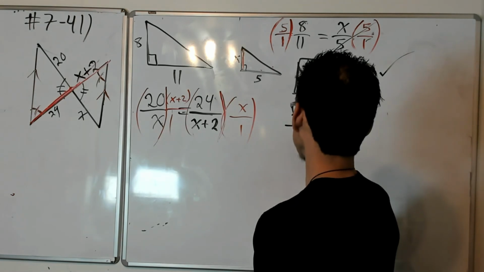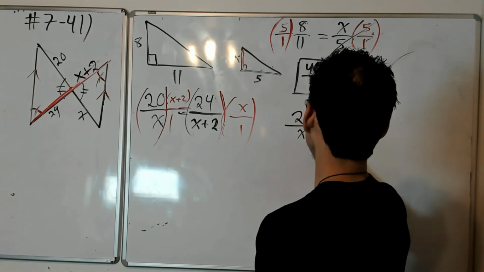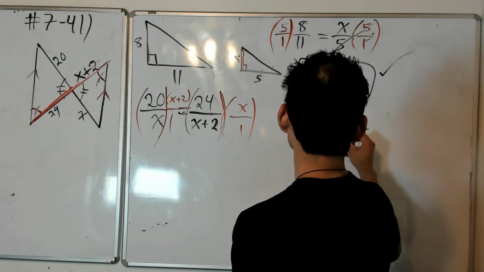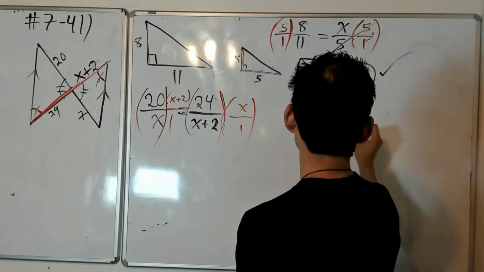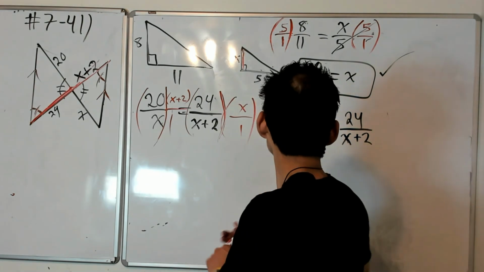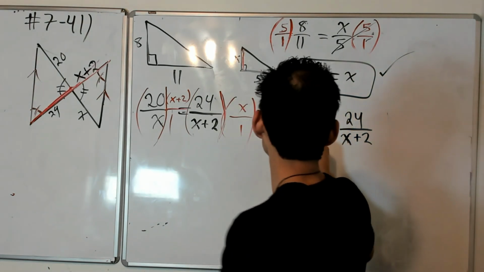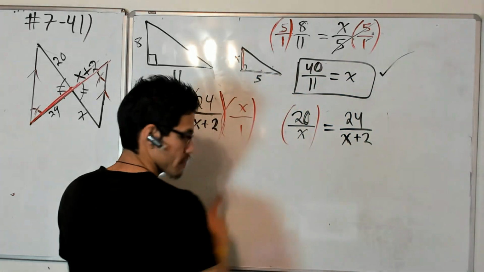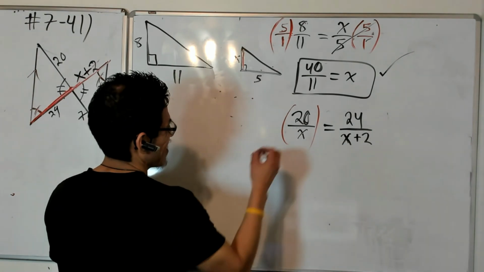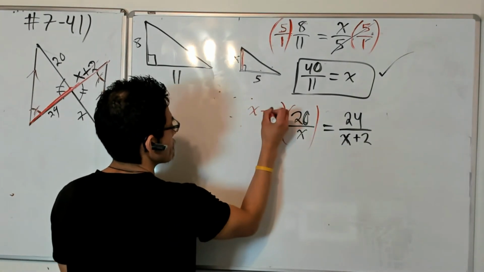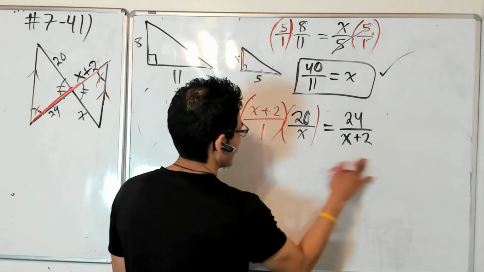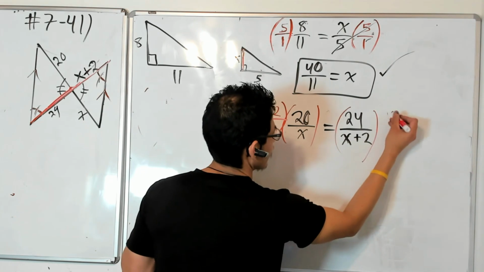So x equals 24 over x plus 2. Multiplying this by x plus 2 over 1, and this one by x over 1.